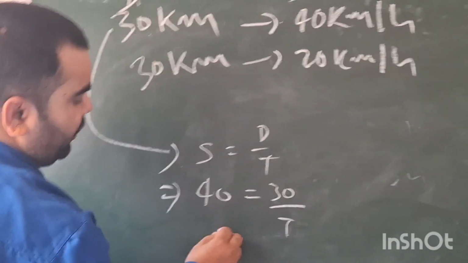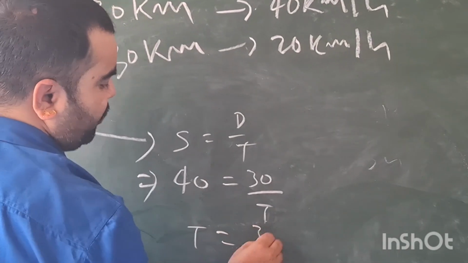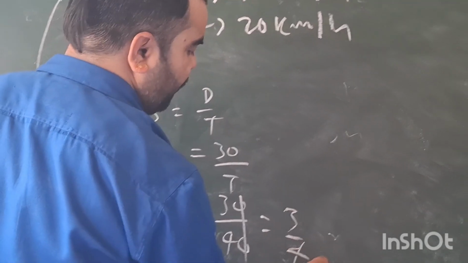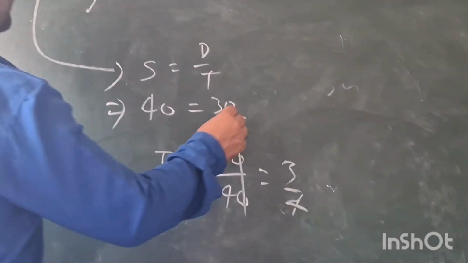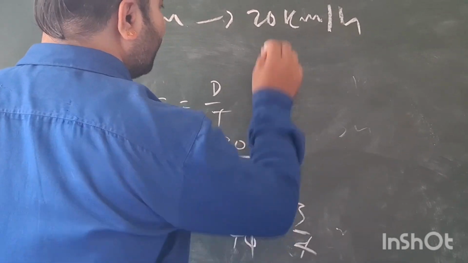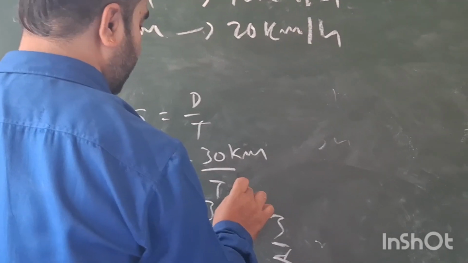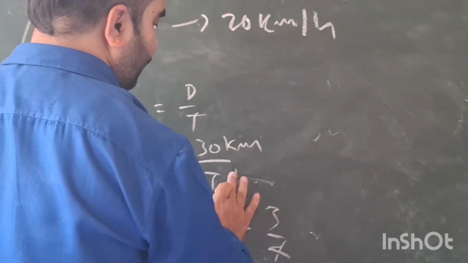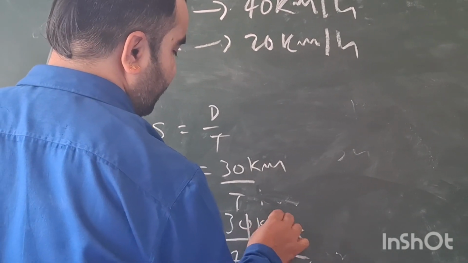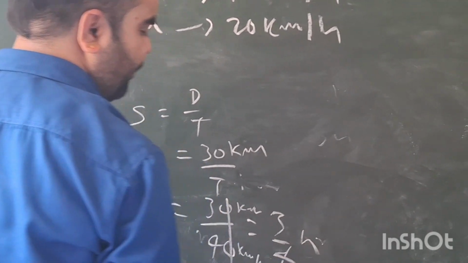Cross multiply here. So you will get T is equal to 30 by 40, zero cancels, 3 by 4. And this is kilometer, and this is kilometer per hour, so kilometer will cancel. 3 by 4 hours.